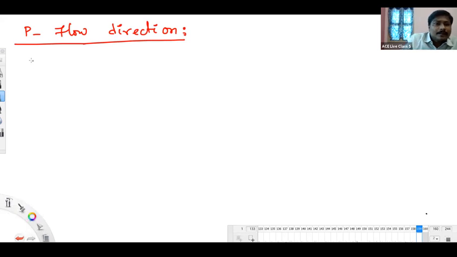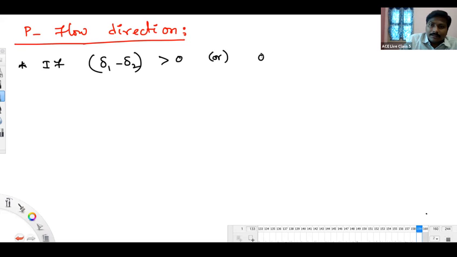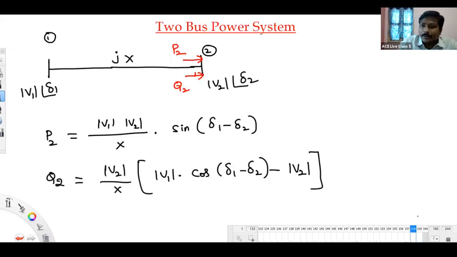See this. First, if delta 1 minus delta 2 is greater than 0, or delta 1 is greater than delta 2, then it is observed that P2 is positive. P2 is positive in the sense that real power will flow from bus 1 to bus 2.